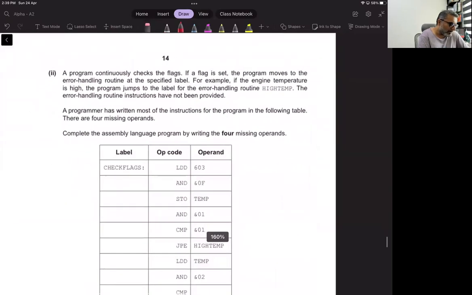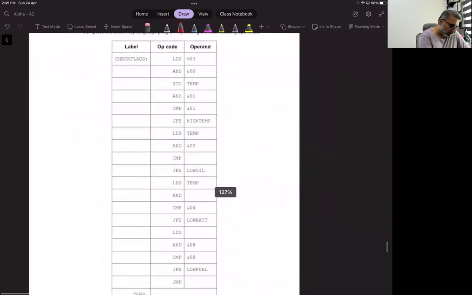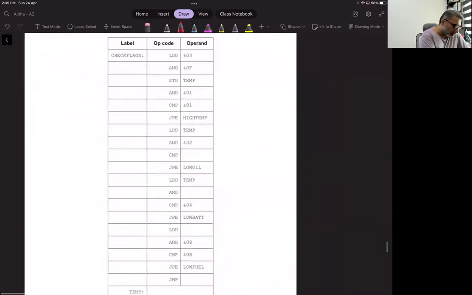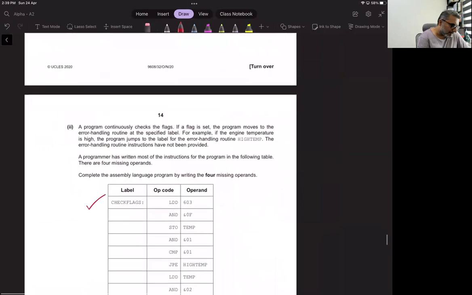Part 2, a program continuously checks the flags. Continuously checks means it will always be sending back to the start. If the flag is set, the program moves to the error handling routine.